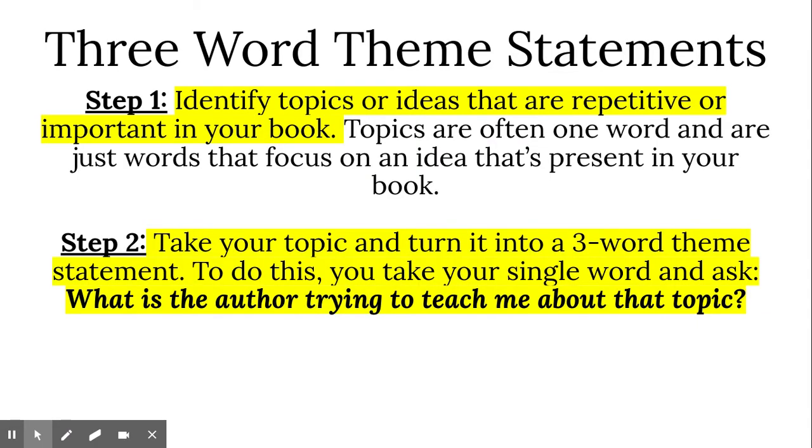Now let's move on to step 2. So step 2 is us taking, obviously, step 1 a step further. So ultimately what we're doing in step 2 is we're taking our 1-word topic and now we're turning that into a 3-word theme statement. And in order to do this, you take that single word and you ask yourself, well, what is the author trying to teach me about that topic? So, for example, if in step 1 you said a topic in your book is love, then you need to ask yourself, what is the author trying to teach me about love?